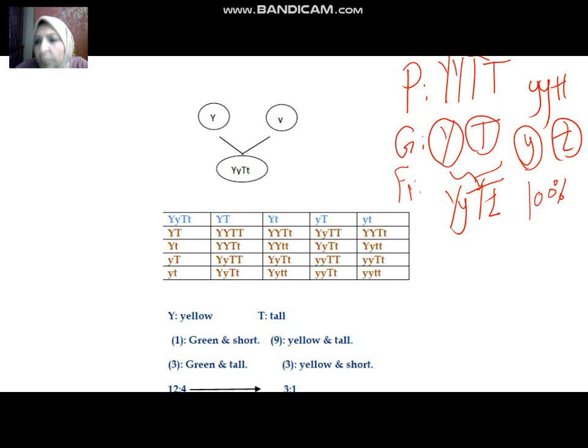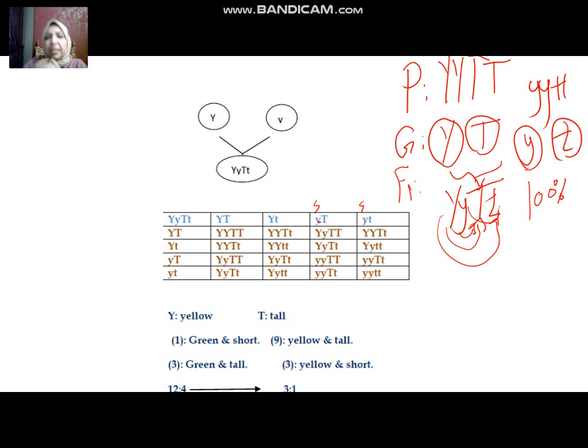The first gamete will be Y capital T capital. The second gamete will be Y capital T small. The third gamete, Y small T capital. And the last one will be Y small and T small. Be careful that this is a small y and this is small t.